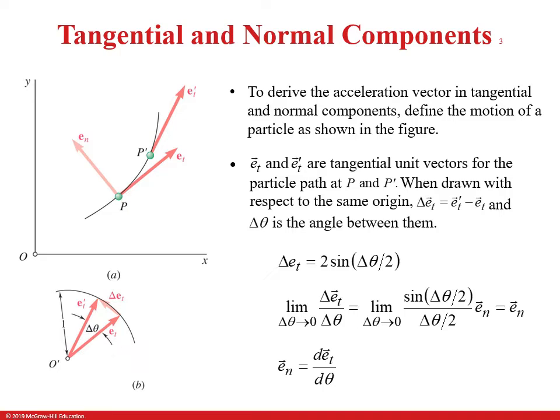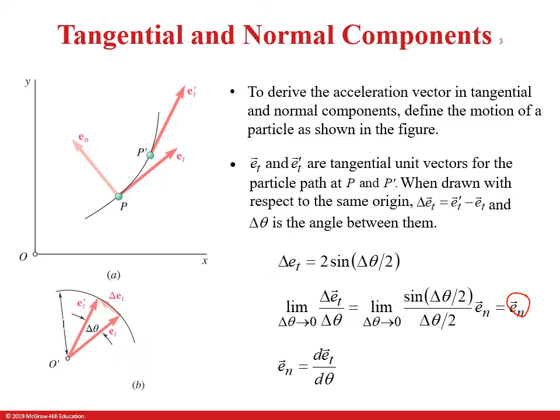We go one instant, and then we'll call this delta theta. So delta e sub t equals 2 sine of delta theta over 2. And the limit of delta e sub t over delta theta as it goes to 0 is eventually going to equal the unit vector in the normal direction.